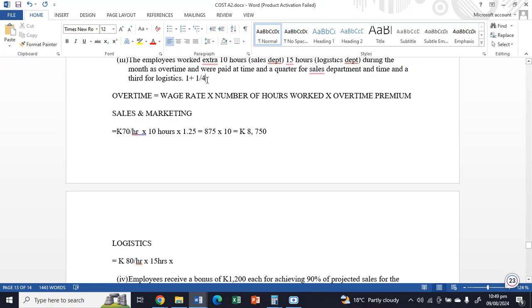It told us time and a third. So 1 over 3, if you convert it to the decimal, is 0.33. Then we add 0.33 plus 1. That's how we get 1.33.